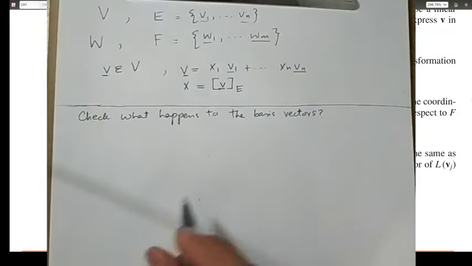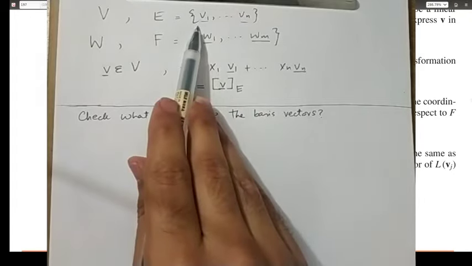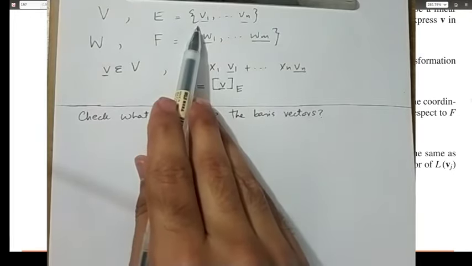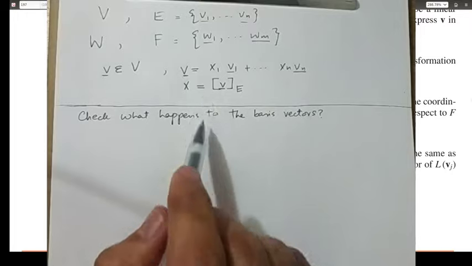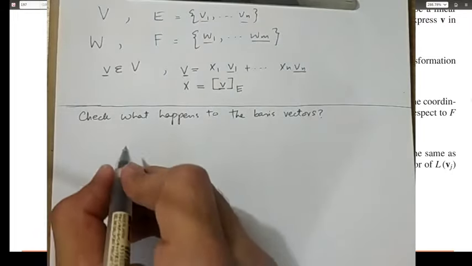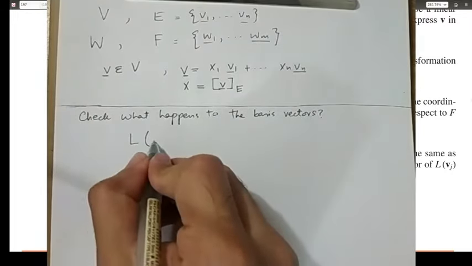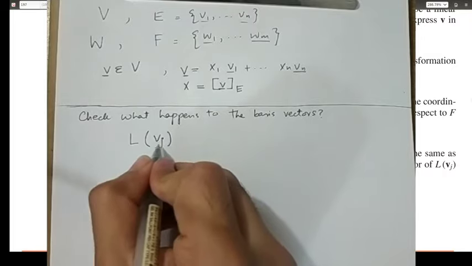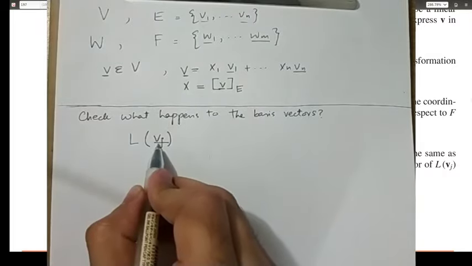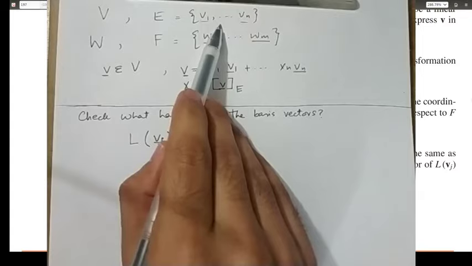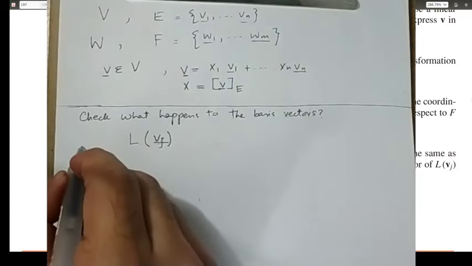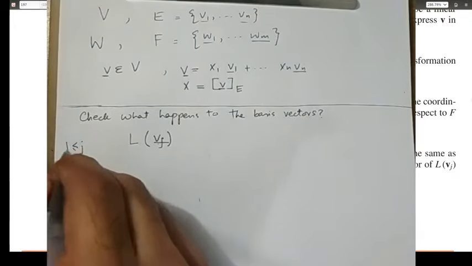So what's happening to these Vj's under this transformation? So, okay, let's find out what's happening to L of Vj, where Vj is a basis vector from this collection. So j can be between 1 to n.